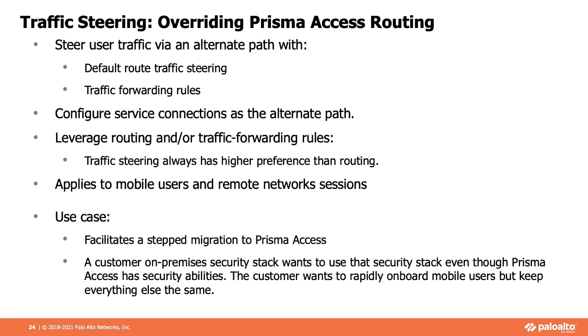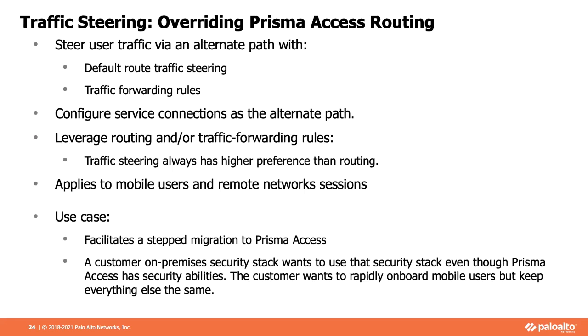This will give the customer a way to easily, quickly adopt Prisma Access, and then take time to work into adopting security policy rules, threat protections, all those sort of things that we have with Prisma Access. And we do this two ways. Default route traffic steering.